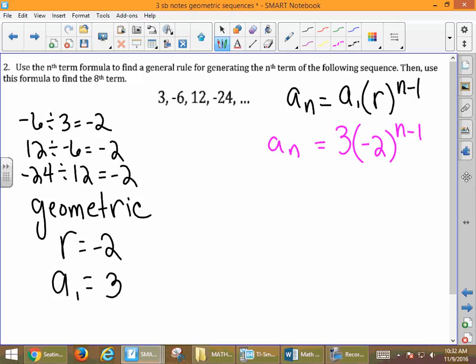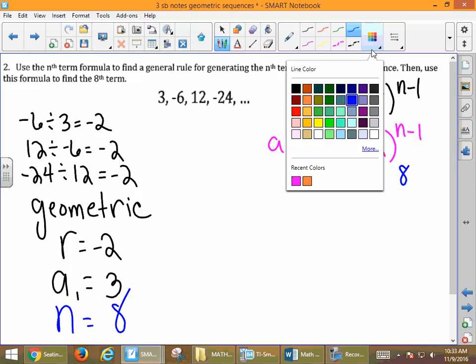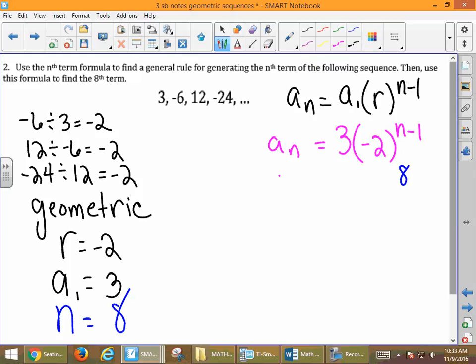But next, it says, then use this formula to find the 8th term. That means that we're going to take 8 now, and we're going to put it back into our formula where we see n. So it's going to be first term, 3, times negative 2, we filled in the 8 for the n, minus 1.